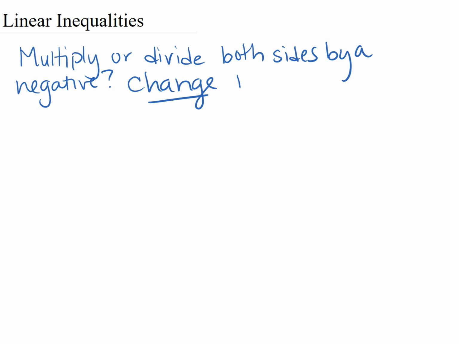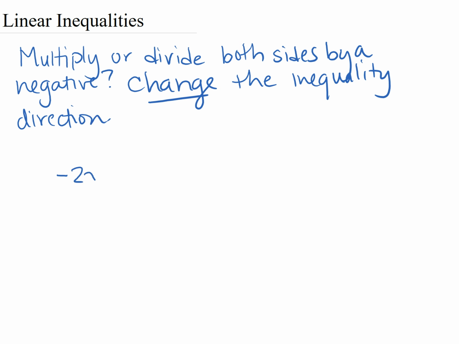So I change the inequality direction. For instance, if I have negative 2x is less than 10, I divide both sides by negative 2 to solve.